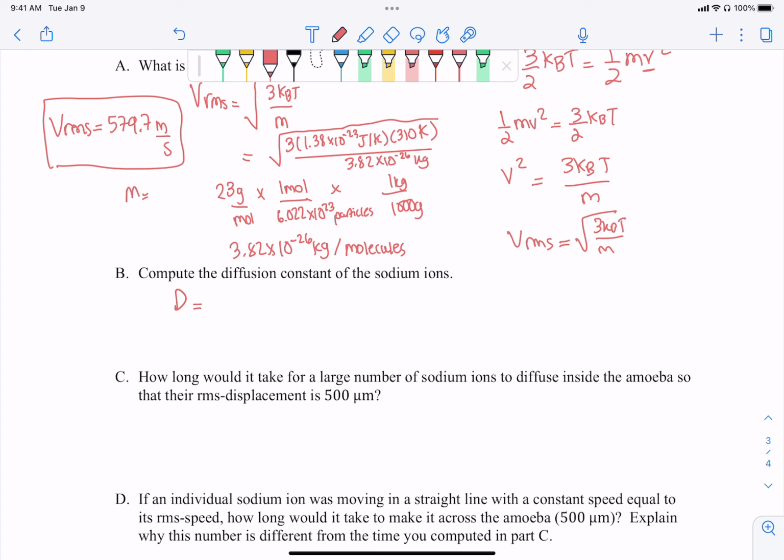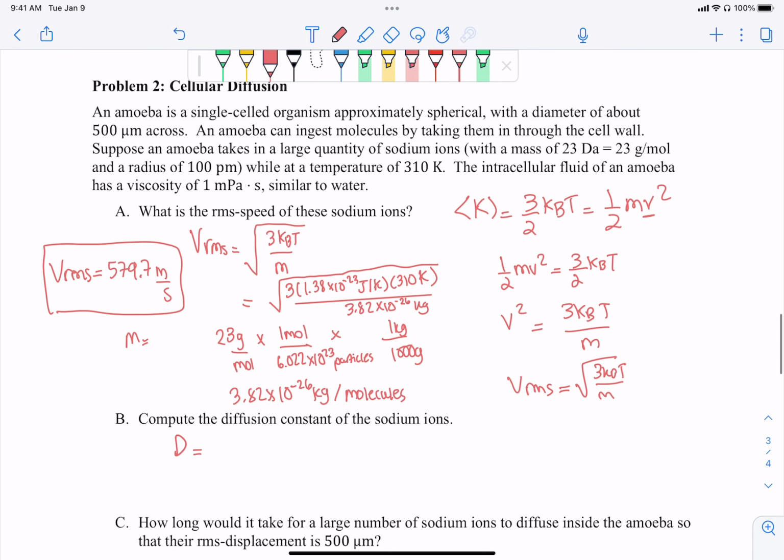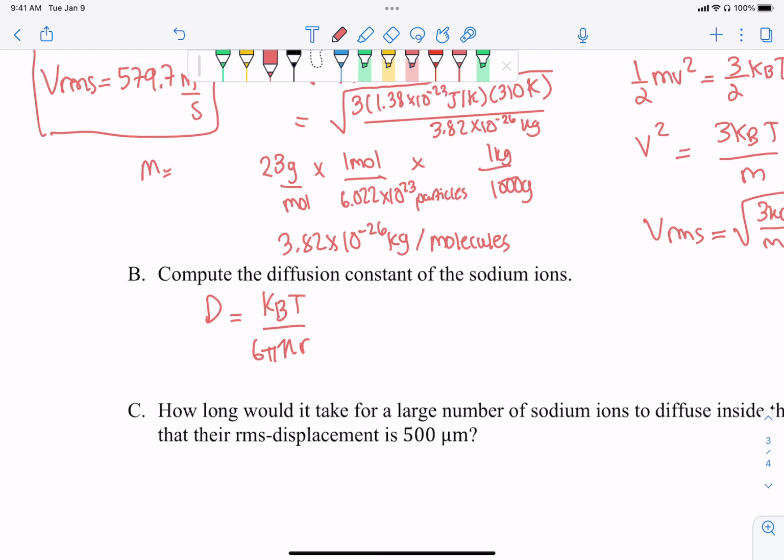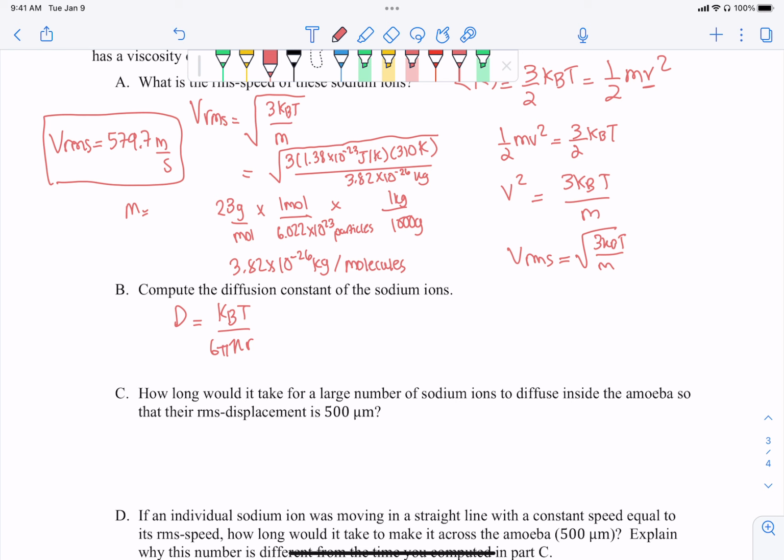They gave us viscosity, we know our temperature, and we know a lot of other things. So the diffusion constant is kBT over 6 pi times our viscosity times r, our radius there.